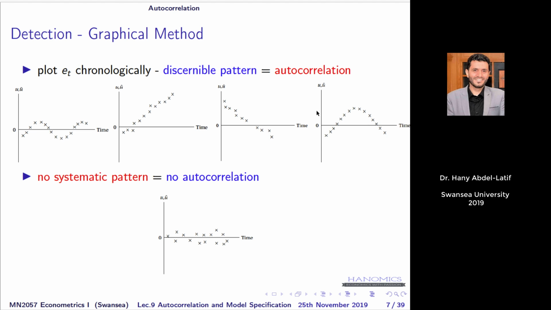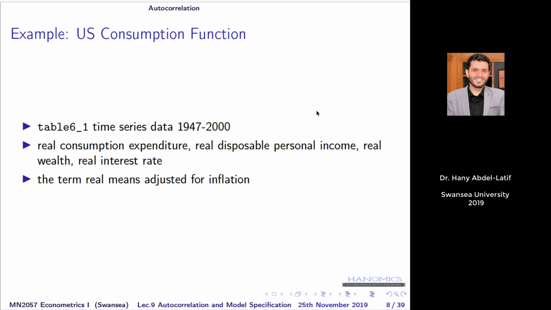If there is a certain pattern, that could be a sign of autocorrelation. Let's now see an example, and also how to formally test for autocorrelation. What I showed you now is just a plot, and sometimes it might not be very clear when you look at the plot. It's always important to perform a statistical test. We'll cover this in this part of the lecture.